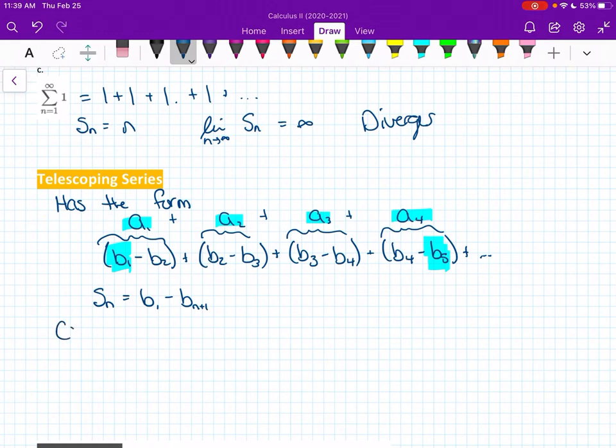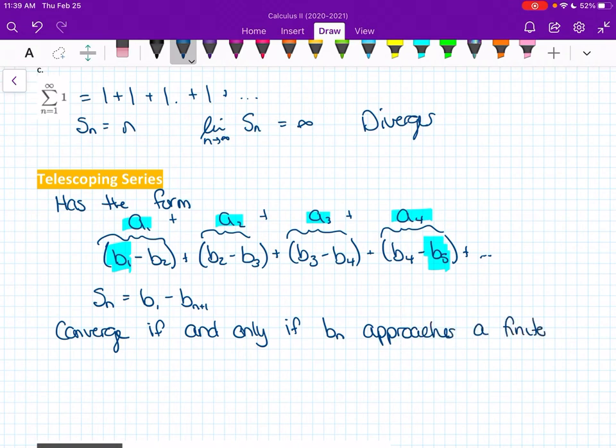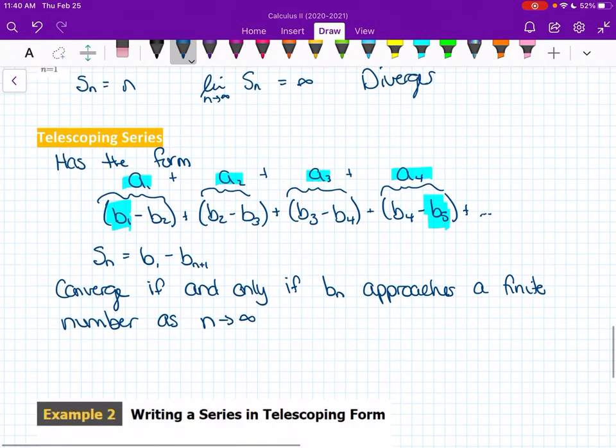Okay, so my telescoping series converges if and only if the b sub n approaches a finite number as n goes to infinity. Okay, and so then my s would equal b sub 1 minus whatever that limit is as n goes to infinity of b sub n plus 1.